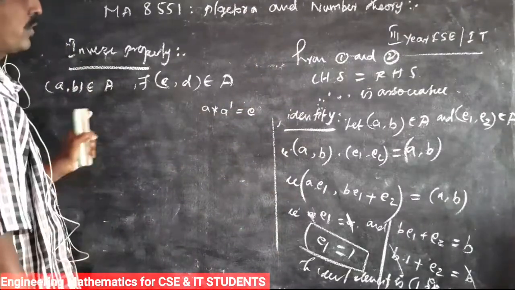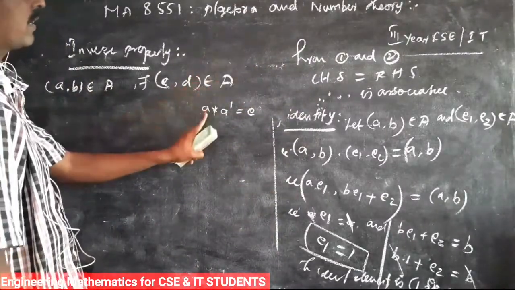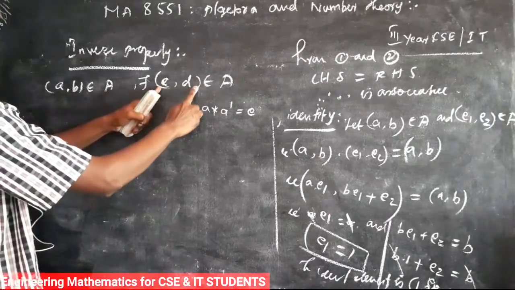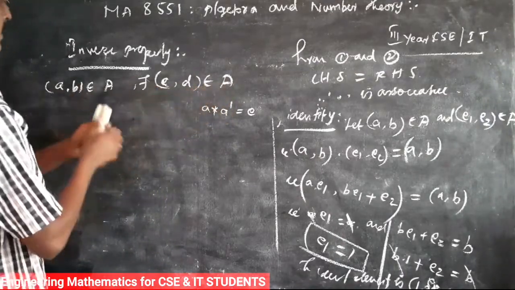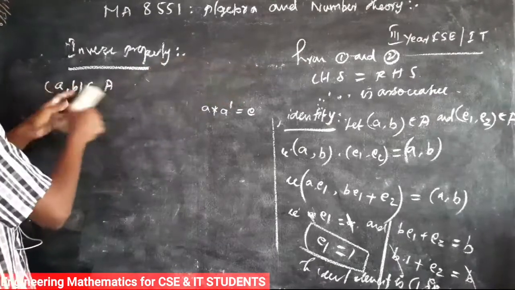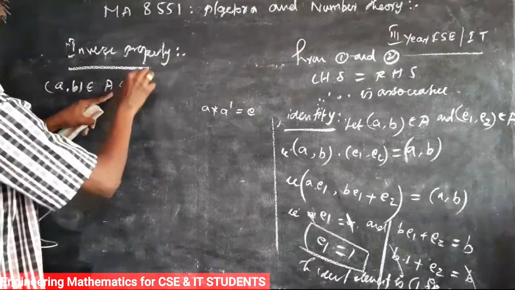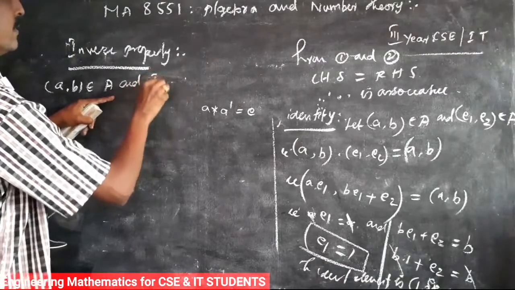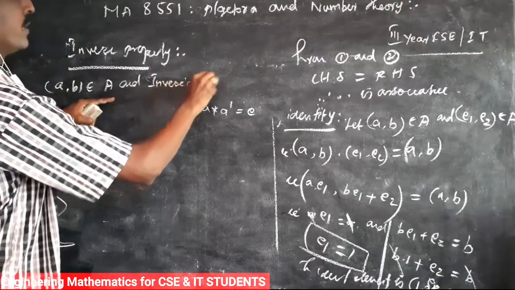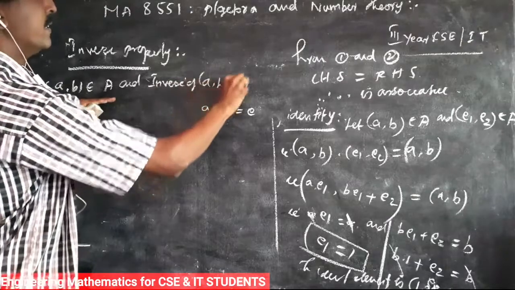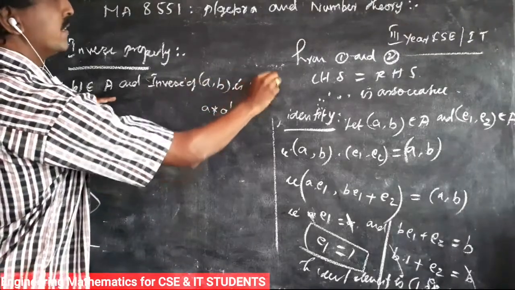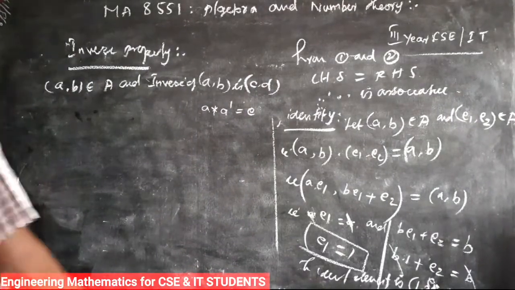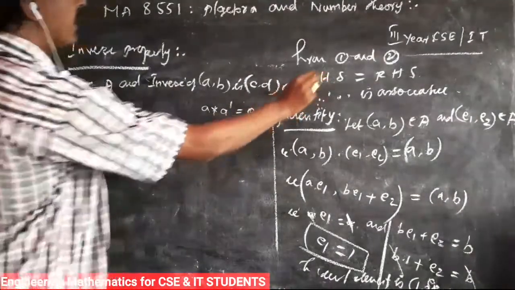In R cross R, the elements are ordered pairs. We take a comma b, and c comma d. So we write a comma b belongs to A, and the inverse of a comma b is c comma d belonging to A.